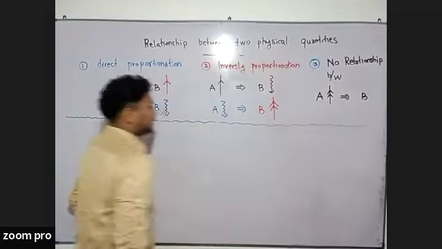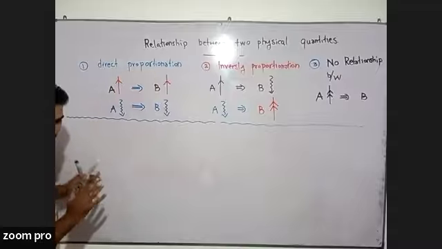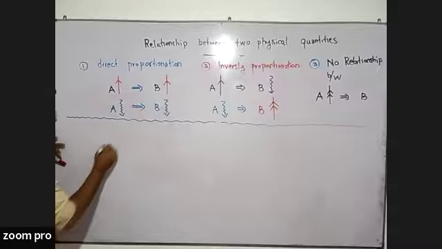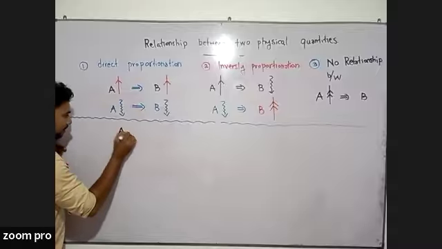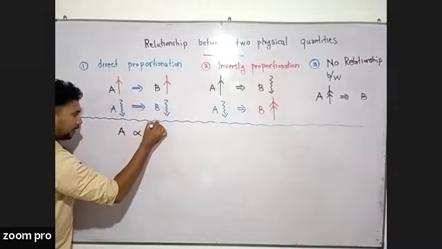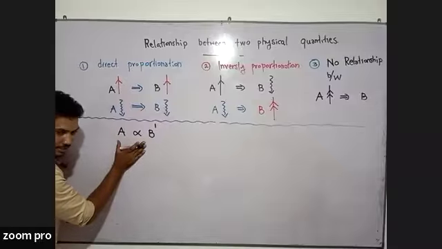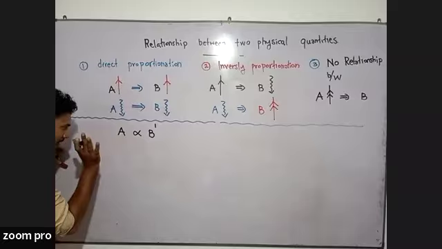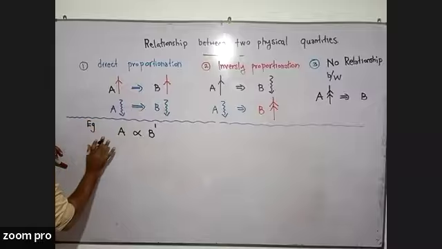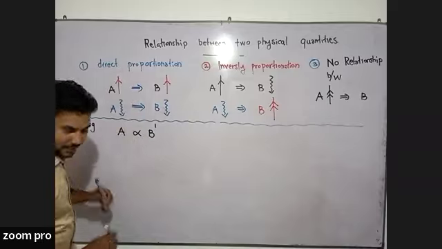So guys, now if there's a direct proportion, it can be represented as A directly proportional to B to the power of 1. Now guys, just keep in mind that these are just examples which can represent the direct proportion.